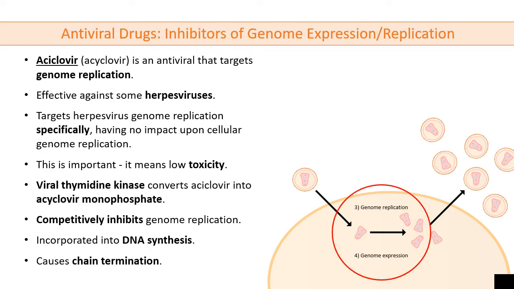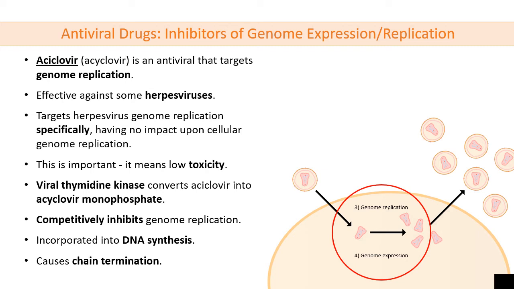The next 2 stages are genome replication and genome expression. So this is where the virus replicates its genome and expresses its genome. This occurs inside the cell, and again, if we can disrupt these processes, we can prevent the viral life cycle from taking place. So we can prevent the virus from making copies of itself and continuing infection.